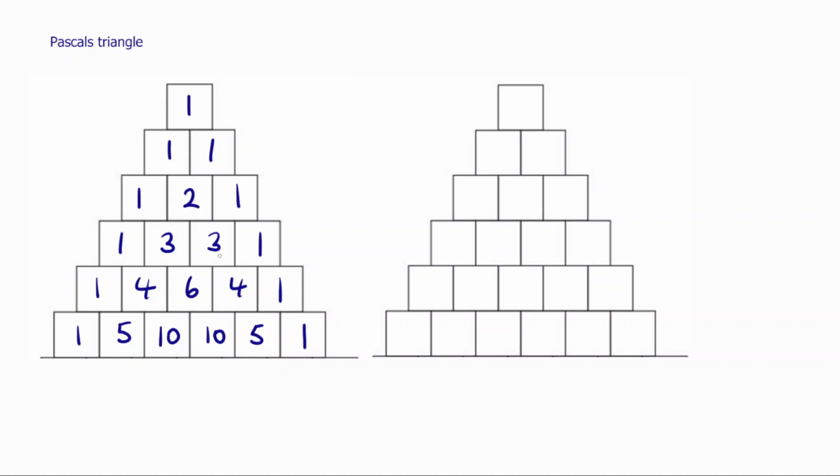Now the reason we need this is because these numbers inside Pascal's triangle have a special meaning, and we're going to use those when we do the binomial expansions. So first of all, we need to look at the notation that we're going to use for this. The top row of Pascal's triangle we're actually going to call row 0.